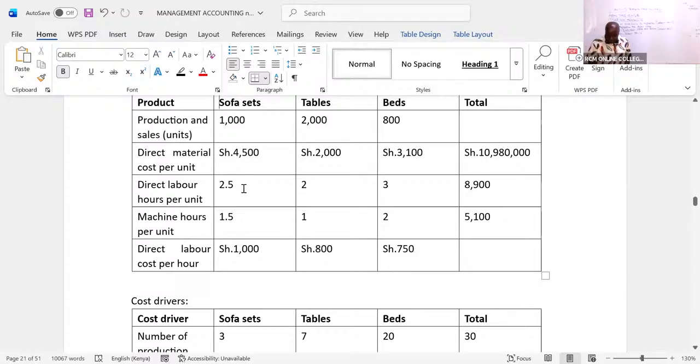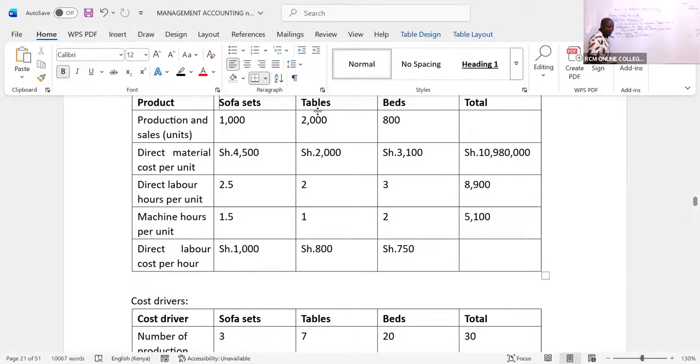So to get the total labor hours, this is what I will do. I will take 2.5. This is per sofa set. And how many sofa sets are we producing here? 1,000. Some labor hours will be spent on producing the next product, known as tables, where I'm going to have 1 hour times 2,000.